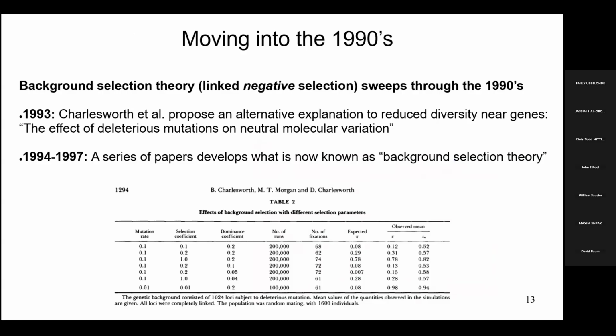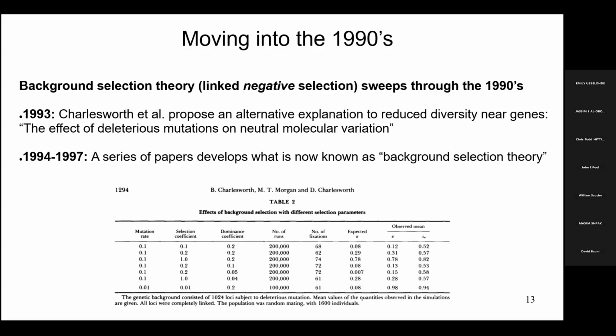So moving into the 1990s, we have background selection and sweeps through the 90s. And this is where Brian Charlesworth recognized that not only positively selected variants can reduce diversity, but the same thing is going to happen when you have many sites along the same chromosome that are under negative selection.